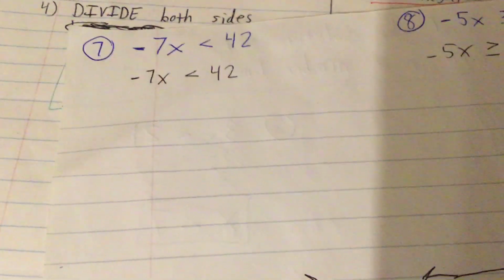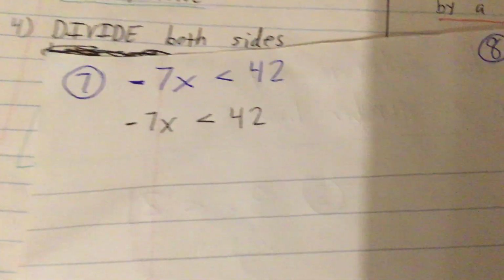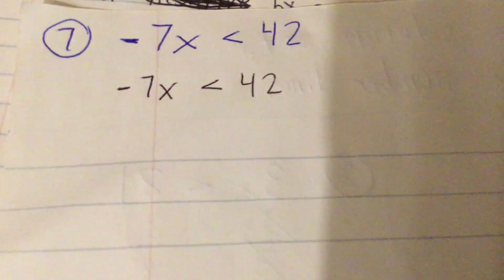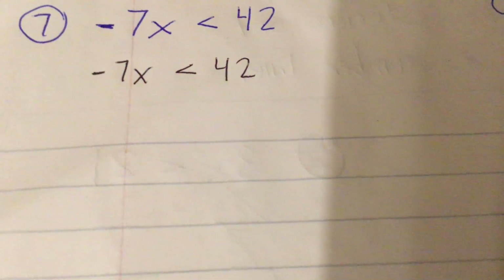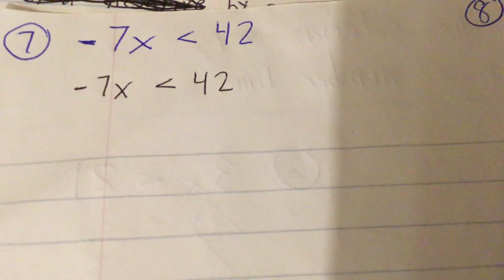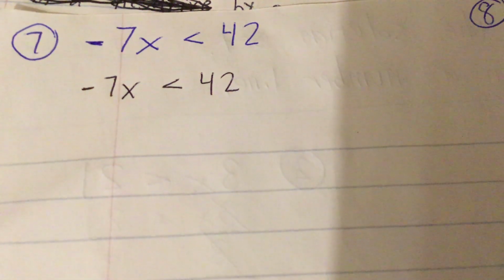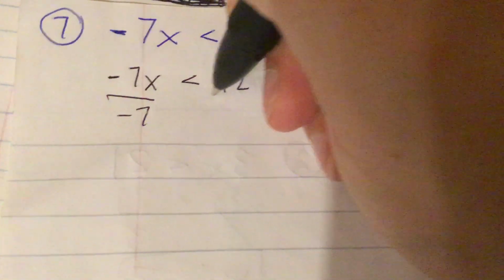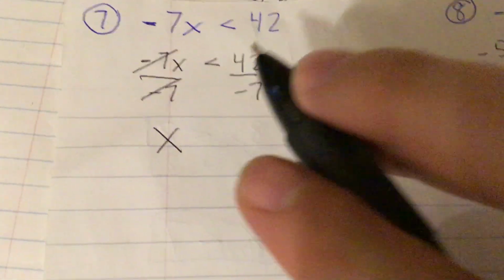Number 7. Negative 7x is less than 42. What would I need to do to solve this problem for x? I'm going to divide both sides of the inequality by negative 7. But I'm going to look at my table, because I got x isolated. What did I do to both sides?